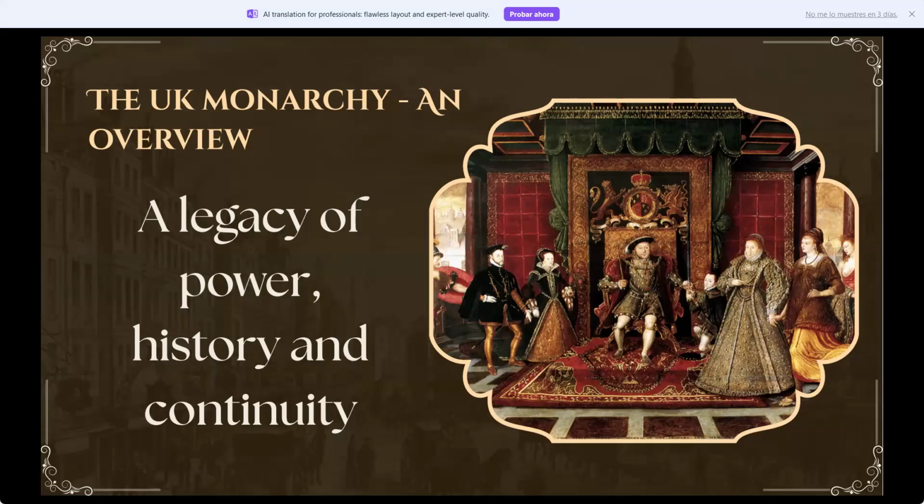So, first of all, we have to start with a small overview of the UK monarchy. It is known that nowadays the UK is run by a monarchy. The monarchy refers to a form of government which is centered in a circle of individuals who hold power.